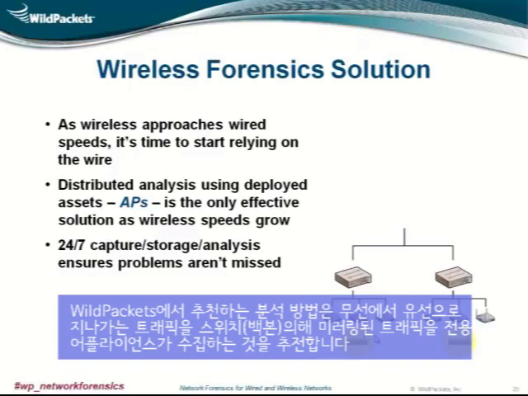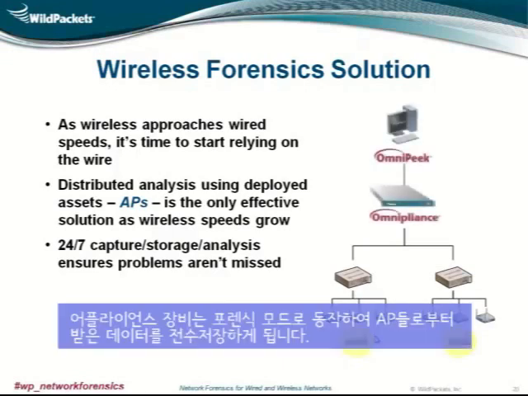Once those are in place, you could set them up on an as-needed basis, or set them up so that they are always acting as a probe in your network, which is really what we'd recommend. You then have an additional appliance in the mix, an appliance on the wired side of the network that's going to be able to receive the packets from all of these different access points that are in this capture mode.